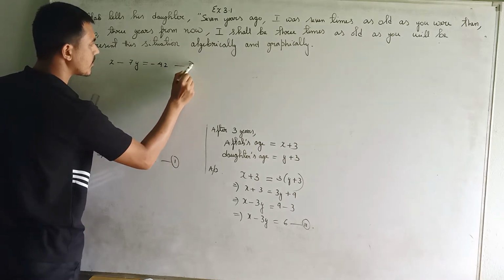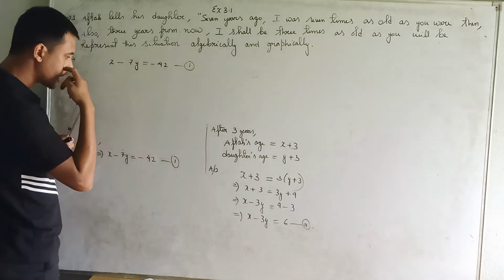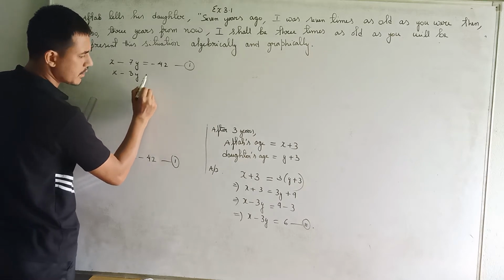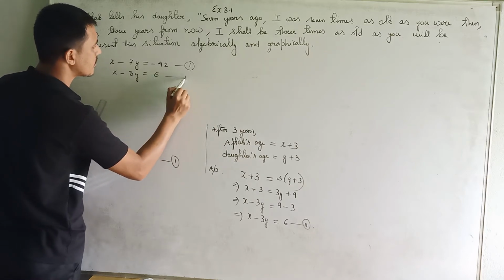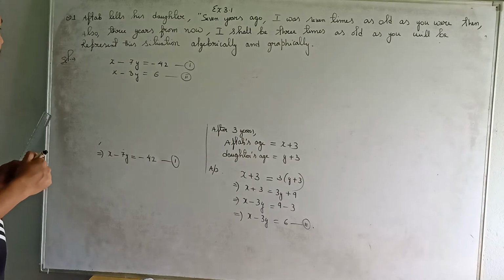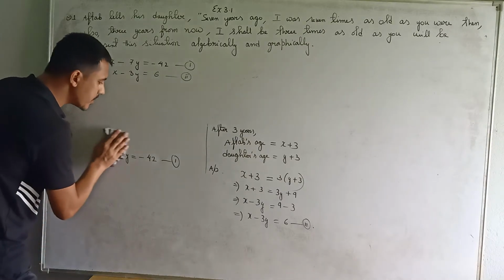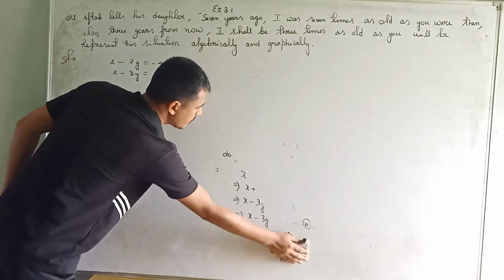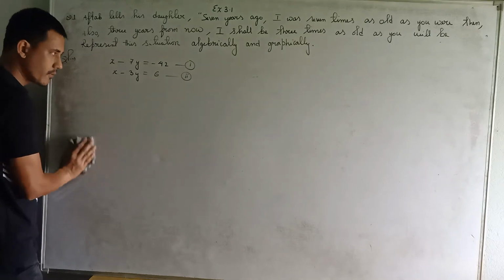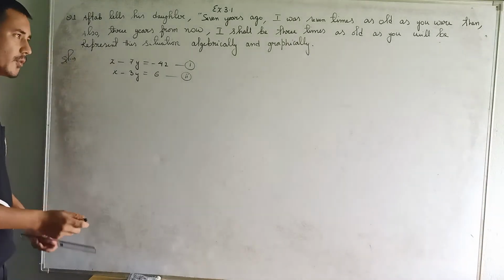This is your first equation. And then x minus 3y is equal to 6. That is your second equation, right? Is it correct? Now what I'm going to do is find values of x and y from both the equations. And how am I going to do that?